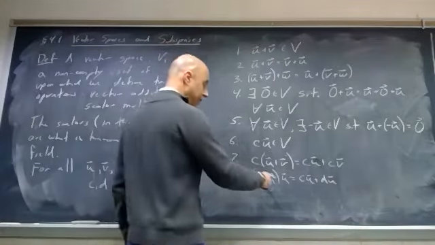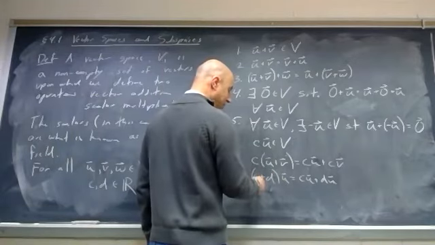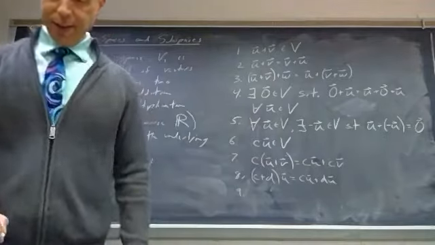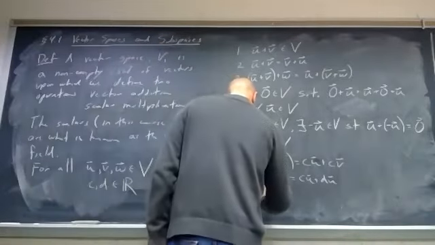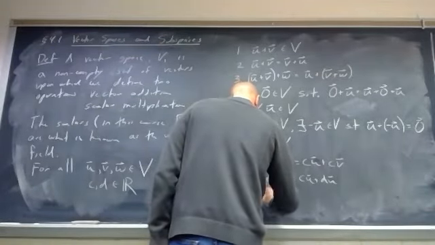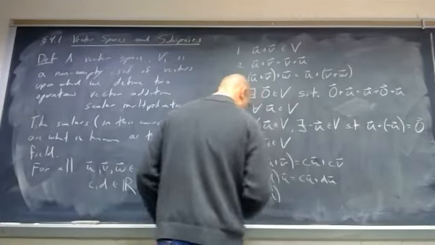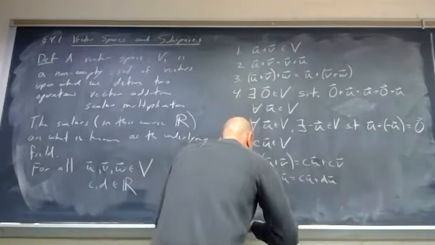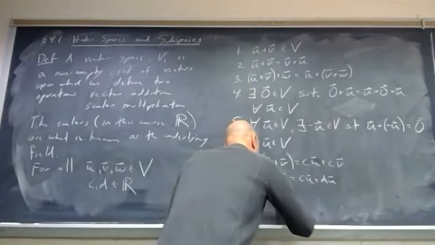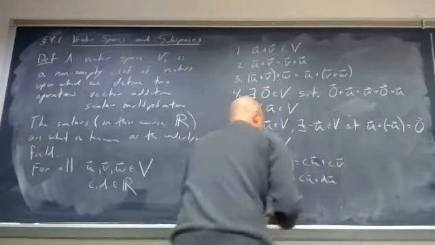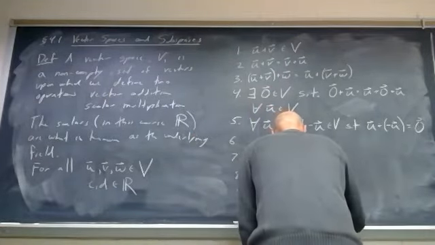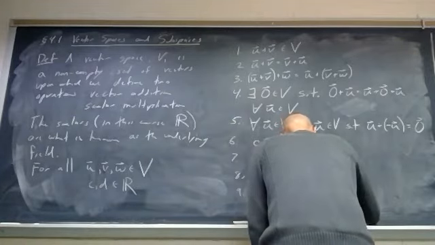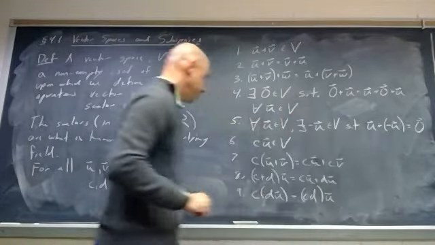So scalar multiplication distributes over scalar addition. c(du), that's probably not very clear, c(du) written like that is going to be the same as (cd) times u.